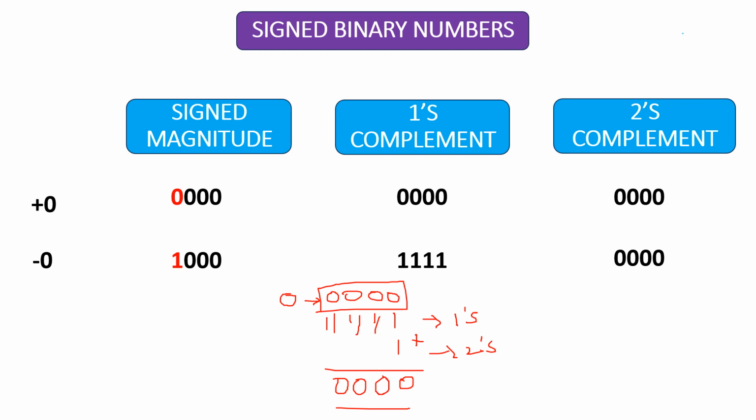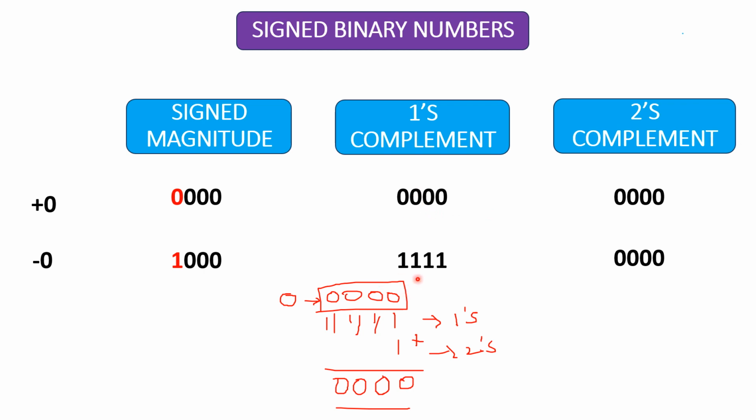So from this you can understand that in 2's complement, the zeros in negative and positive form are the same. For zero there is no negative or positive; both are equal to 0 only. So in 2's complement form, the zeros, both negative and positive, are the same.